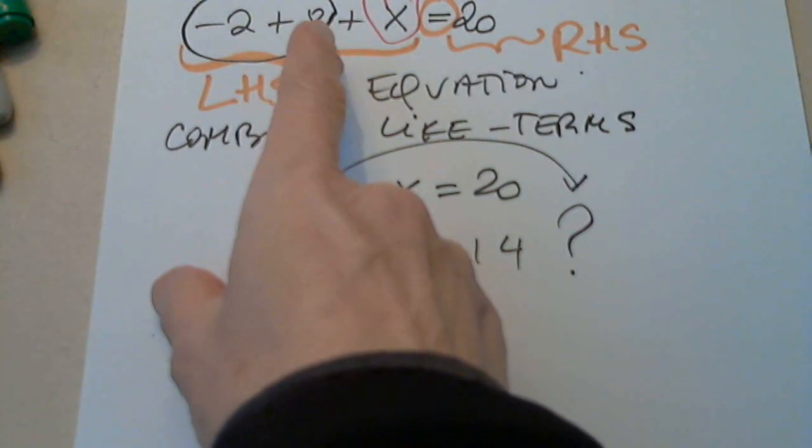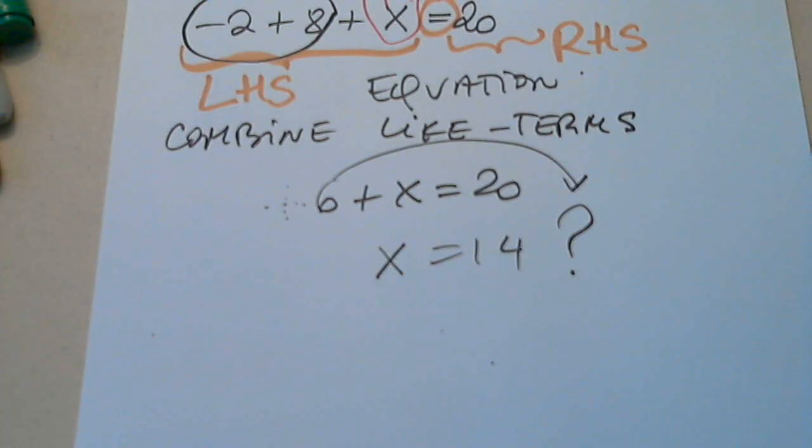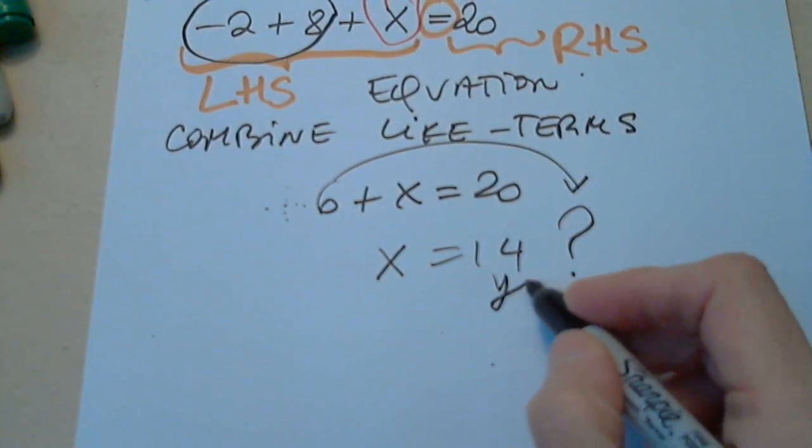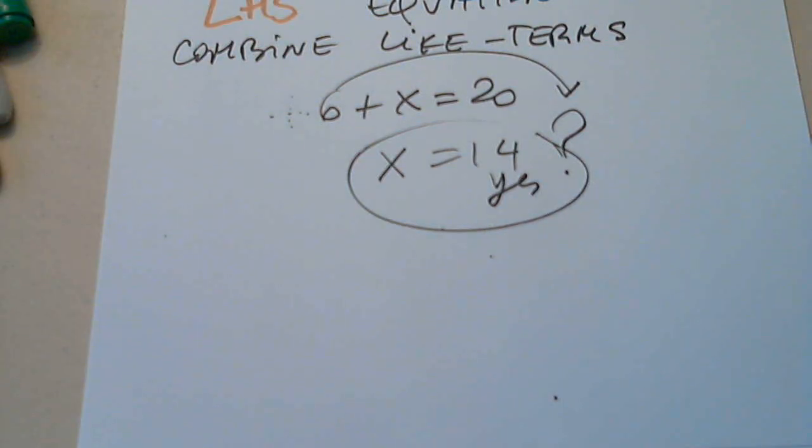The left-hand side, 8 minus 2 is 6. 6 plus 14 is 20. Yes, it is. So then I'll say yes. I don't need anyone's help to determine that. I will always check on my own in order not to lose points.